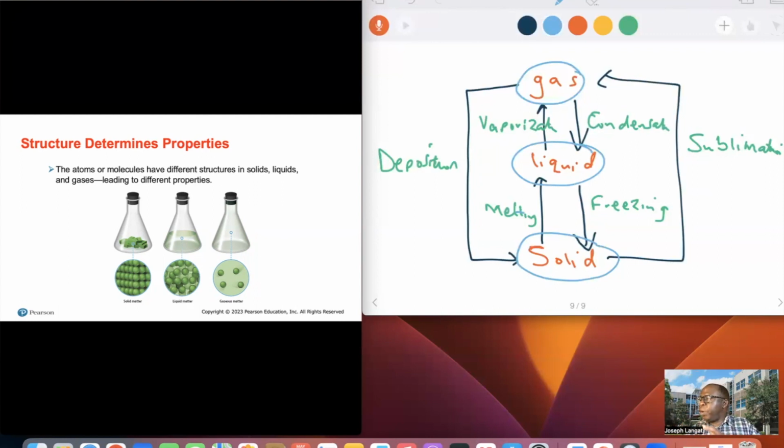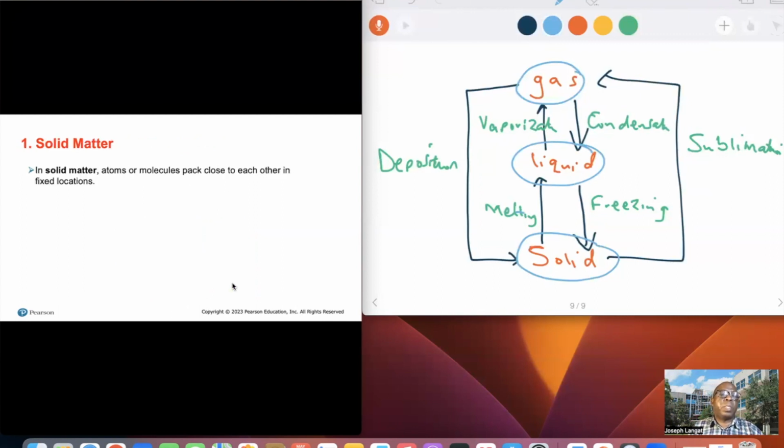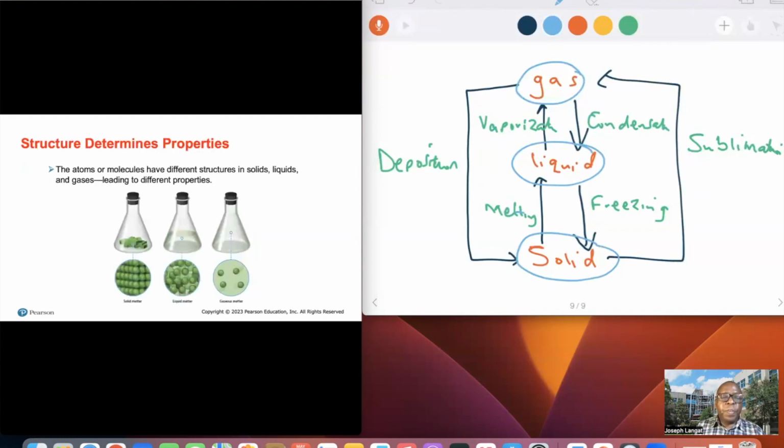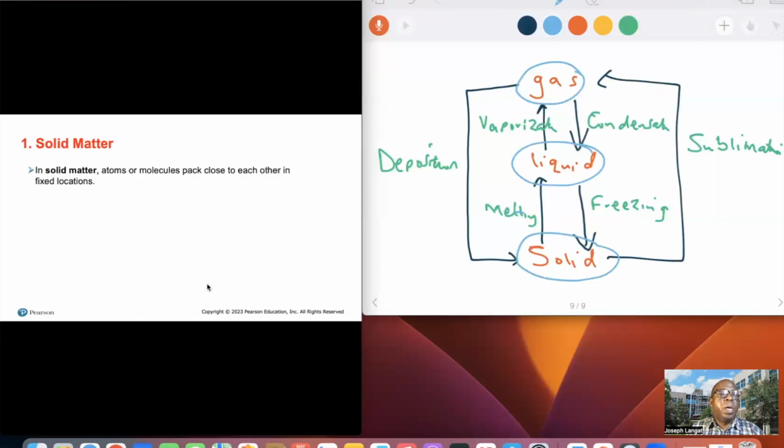For gases, you see they are not in contact. They have large intermolecular spaces. This explains why gases are compressible. So if you are given three diagrams, you should be able to identify which one represents solid, which one represents liquid, and which one represents gas, depending on intermolecular spaces.